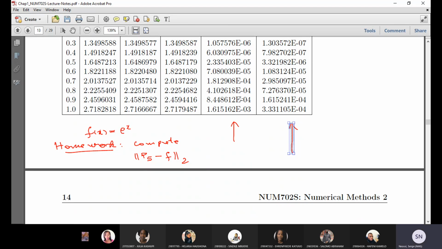So from this table, of course, when I say compute, we will use the results in this table to compute.